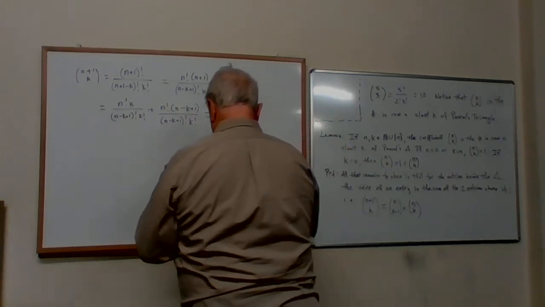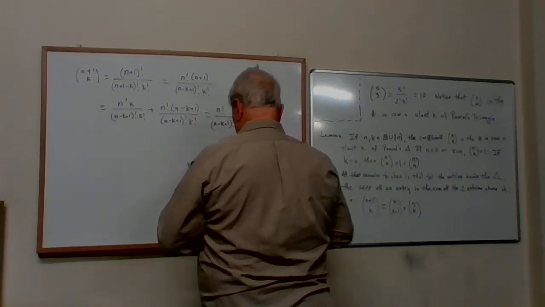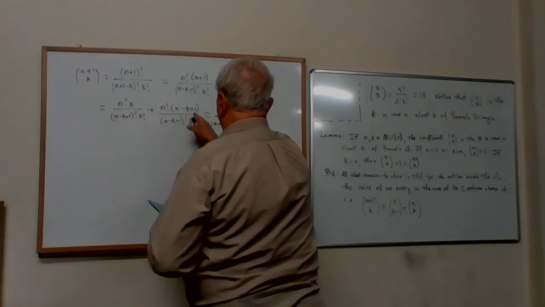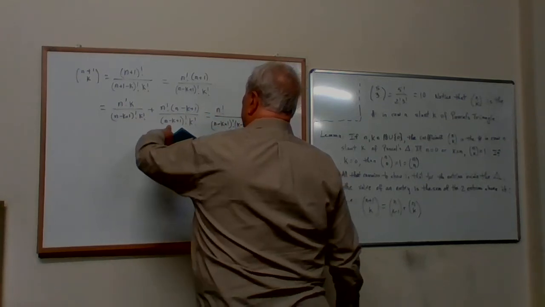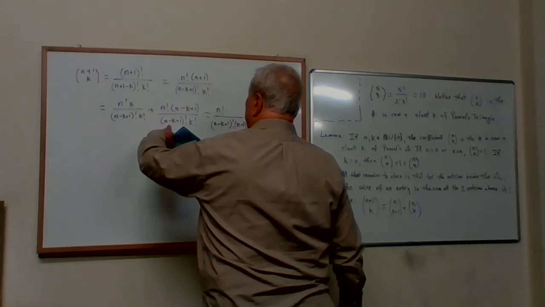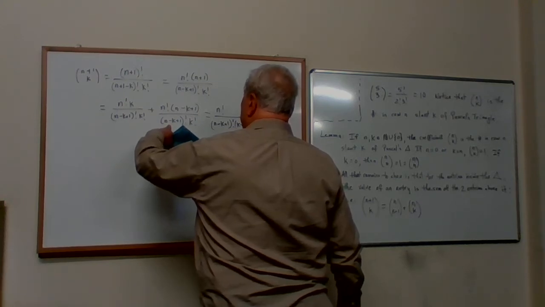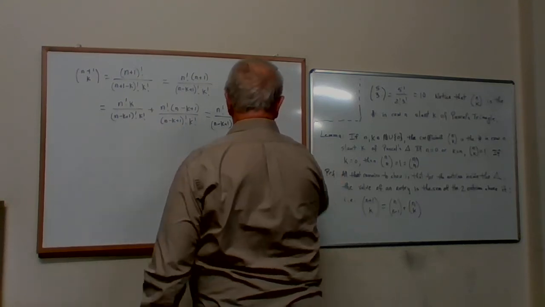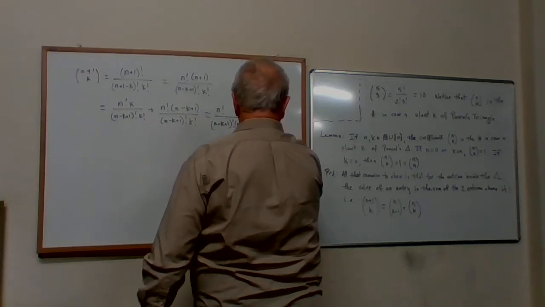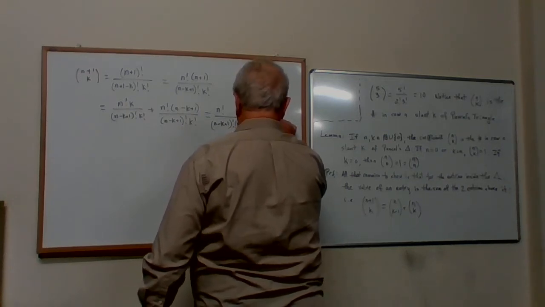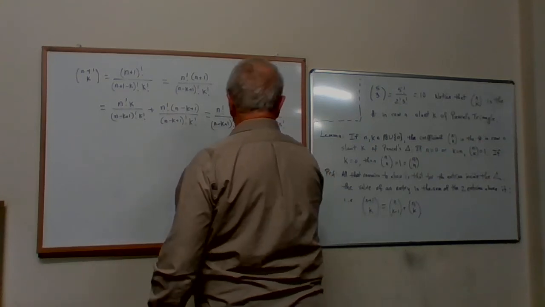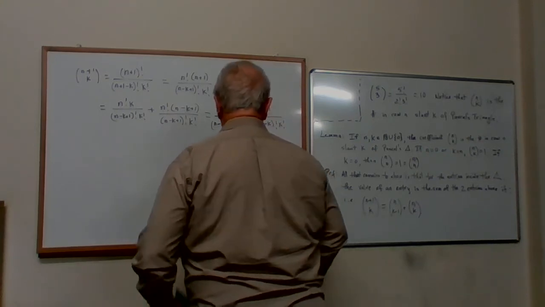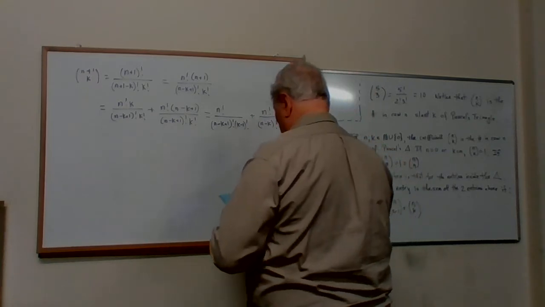And in the other one, the n minus k plus 1 cancels with the top part of n minus k plus 1 factorial. So this now becomes just n minus k factorial in the bottom. I still have the k factorial, and I still have my n factorial upstairs. Okay?